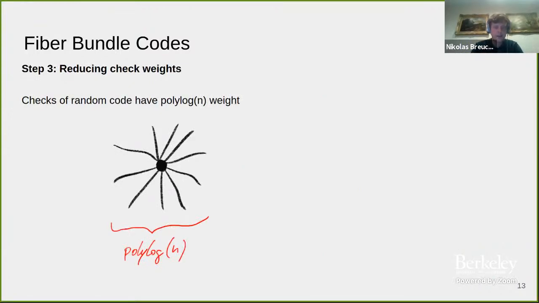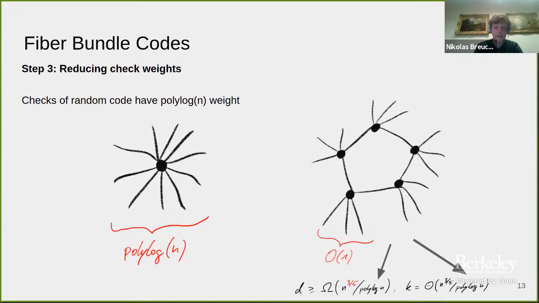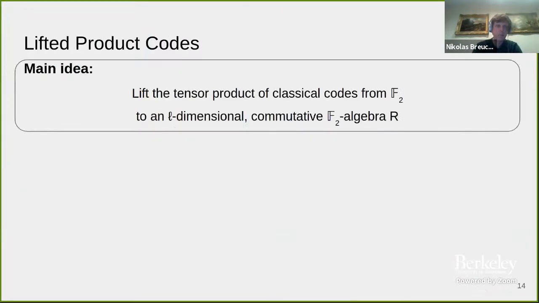They have to assume that their random code has polylog check weight. So the resulting code will not be LDPC. So it will not have constant check weight. However, this can be fixed, but the issue here is that they have to introduce more qubits. So this is where this polylog factor comes from. Okay, so this brings us to lifted products.